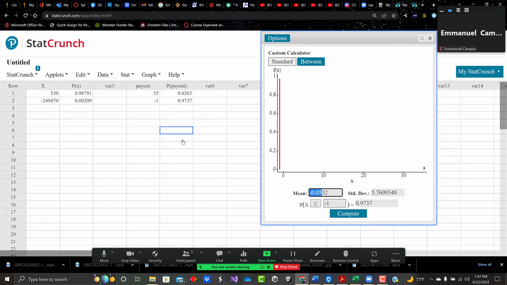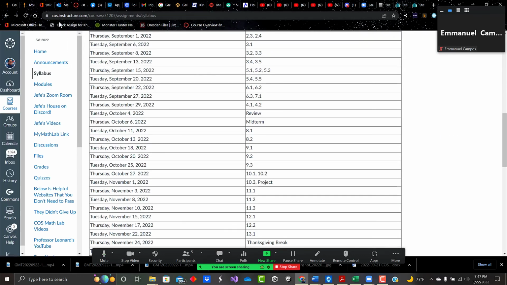I'll go back and look at the syllabus for a second and tell you how we'll do it. We will do 4.1 and 4.2 on Thursday. Tuesday, October 11th, and October 13th will be 8.1 and 8.2. They are both kind of short sections and can easily be put together.